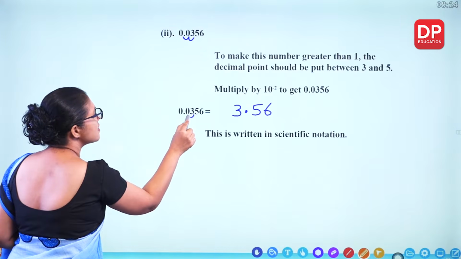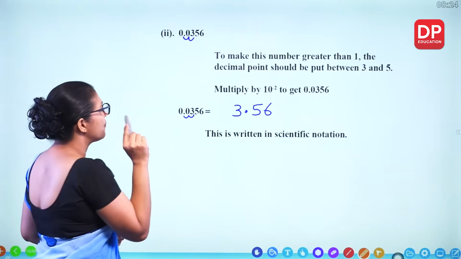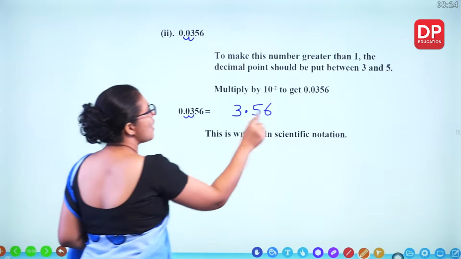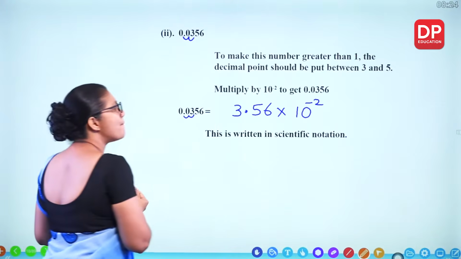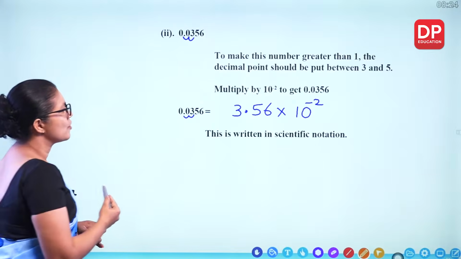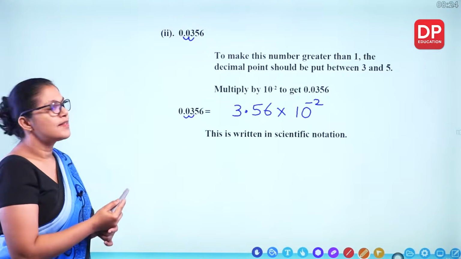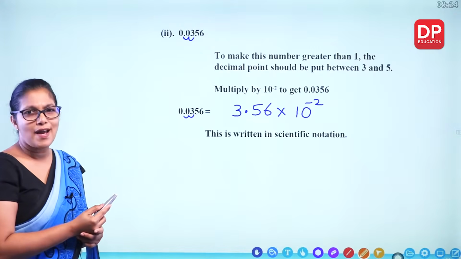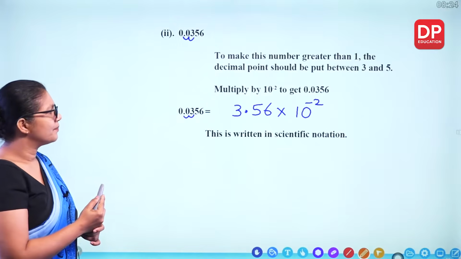How many places does the decimal point move? 2 places to the left now. So that means you can multiply by 10 to the power minus 2. When you move 2 places to the left, you get 0.0356. So this is in scientific notation.